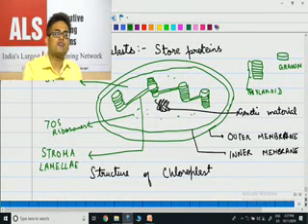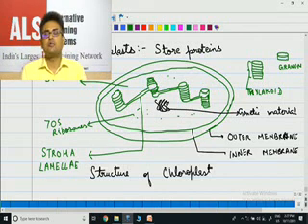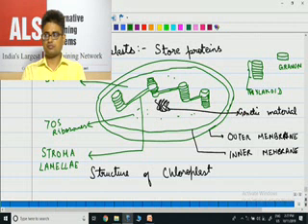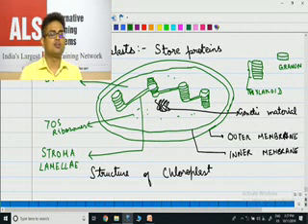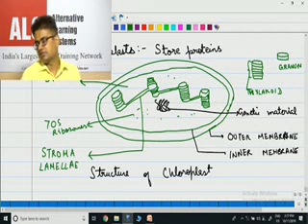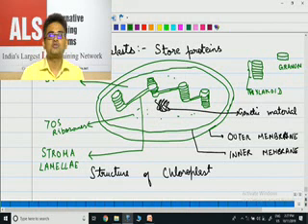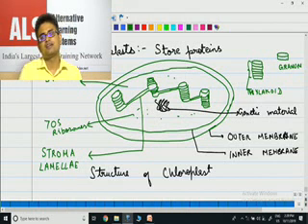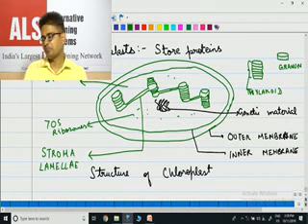A very important fact: where is chlorophyll found in chloroplast? Can you guess? I have not shown you here where you can find the chlorophyll. Mesophyll is a type of cell. Inside the mesophyll is the chloroplast. I am asking where inside the chloroplast you will find it.